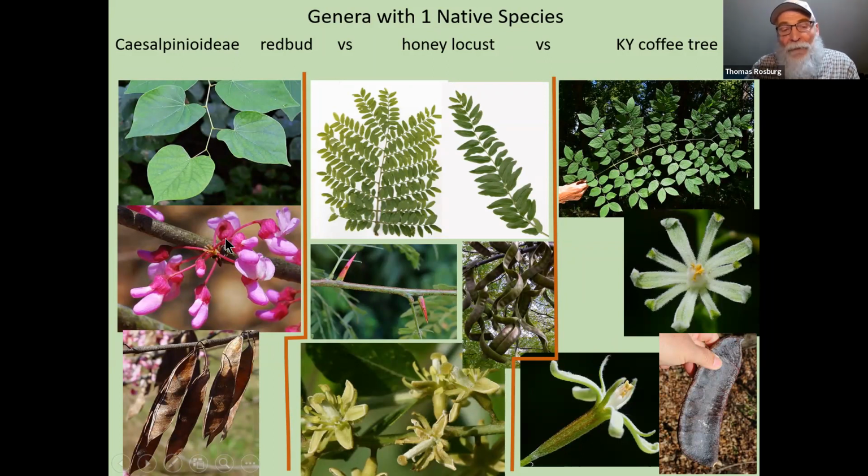In fact, redbud is a Caesalpinioid, but it has a flower that is sort of like a Papilionoid. The fruits here, redbud fruits, are called tardily dehiscent. That means they will dehisce, but it takes quite a while.